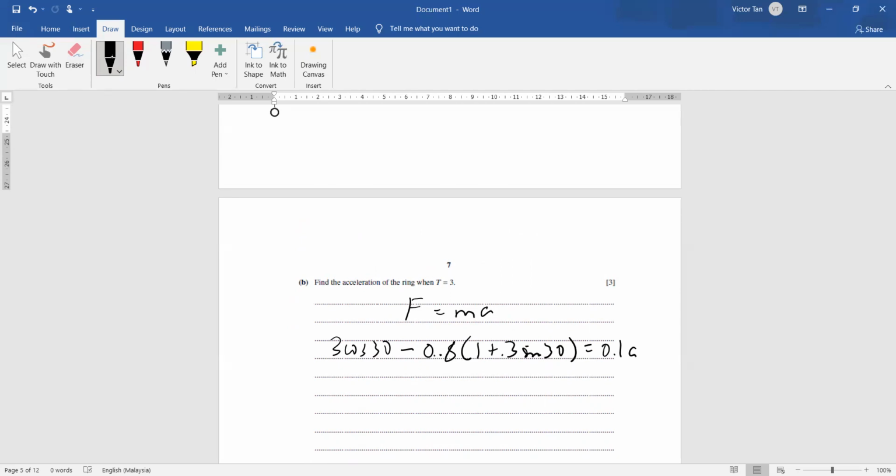Okay. Divide by 0.1. Okay, so it is 5.98. Okay, good.